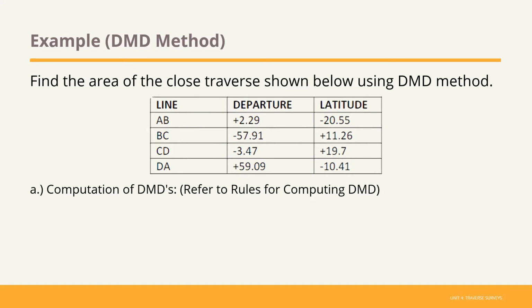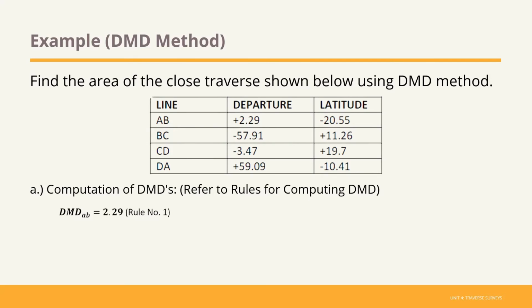The first thing we need to do is to compute the DMDs. In order to compute the DMDs, we need to refer to the rules in computing the DMD. So listen carefully.